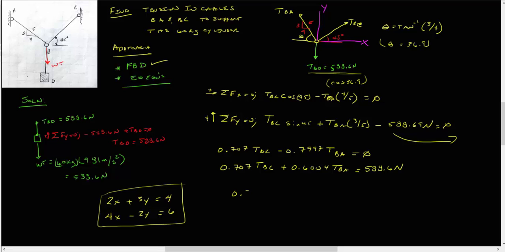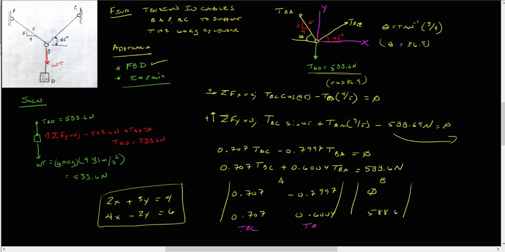And if we wrote out our matrix here, notice I'm just taking my coefficients. And this would be a 2 by 2 matrix, and this would be A and this would be B. And if you really think about this, this side here is TBC, and this side here is TBA.